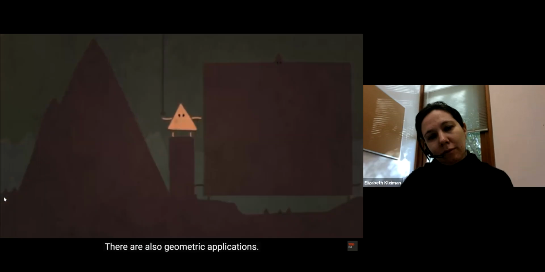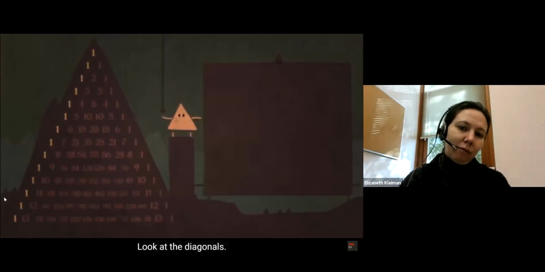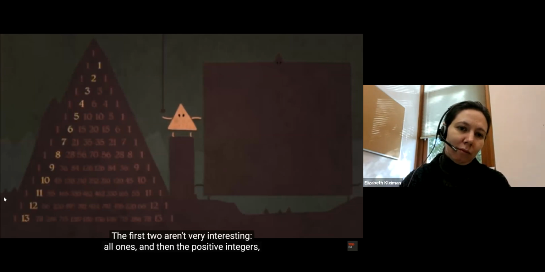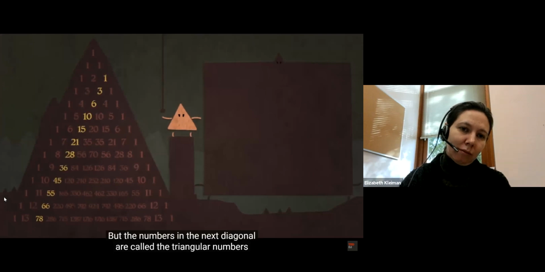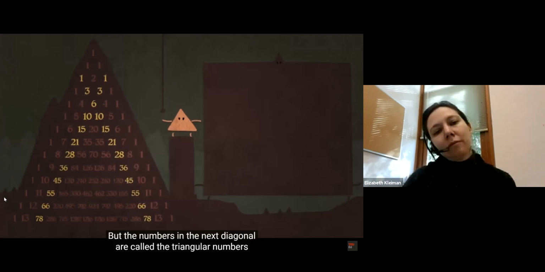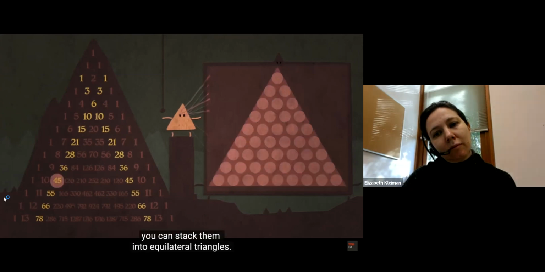There are also geometric applications. Look at the diagonals. The first two aren't very interesting, all ones, and then the positive integers, also known as natural numbers. But the numbers in the next diagonal are called the triangular numbers, because if you take that many dots, you can stack them into equilateral triangles.